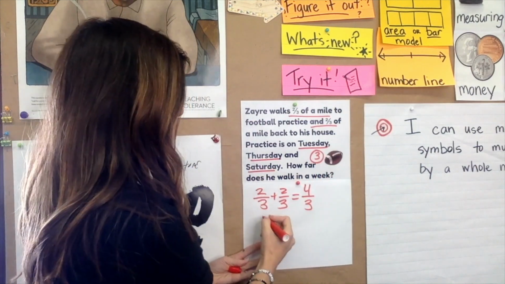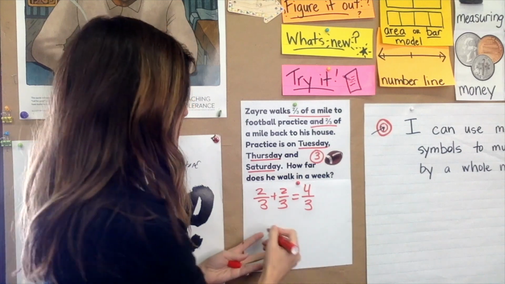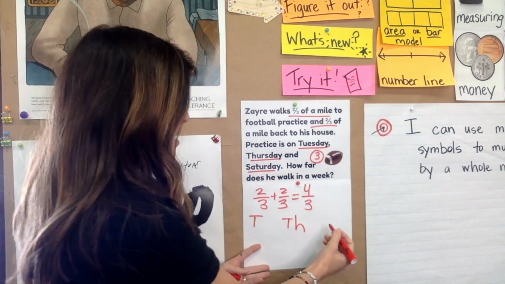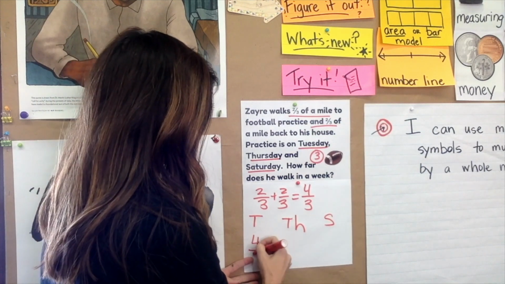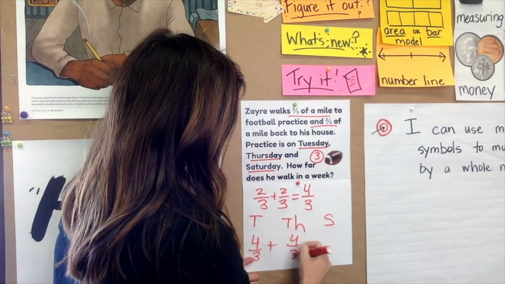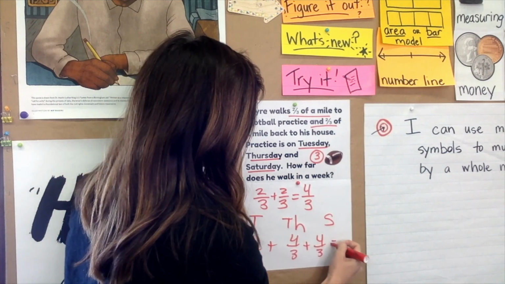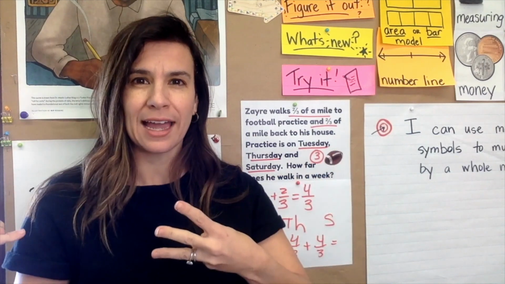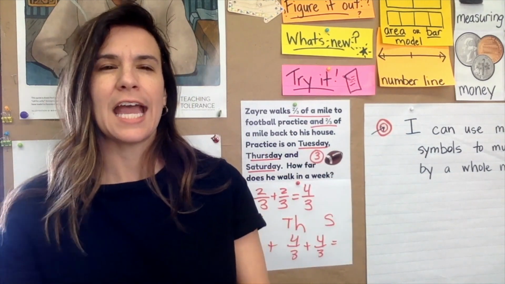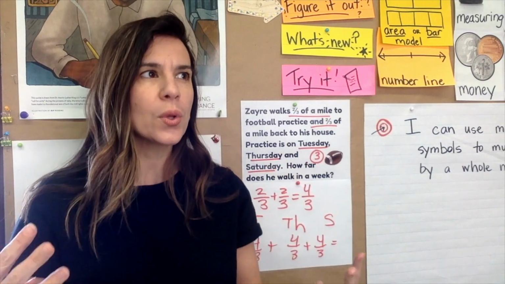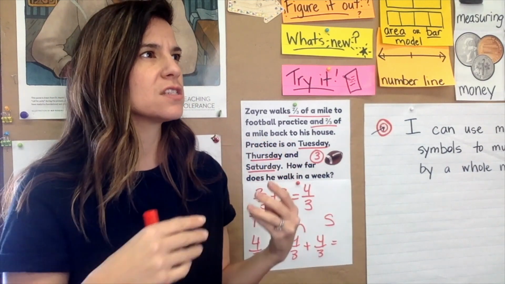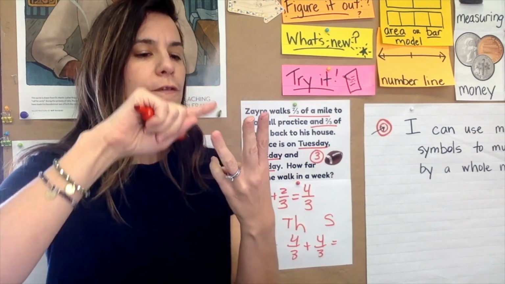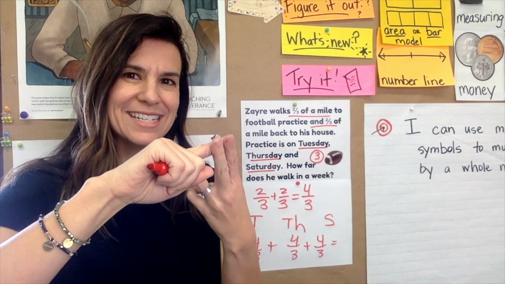I could add it, so we have Tuesday, Thursday, and Saturday. 4/3 plus 4/3 plus 4/3, and that equals, well, it's 4, 3 times, and 4 times 3 is 12, but it's not whole numbers. Oh, it's fractions, so 4/3 3 times: 4, 8, 12.